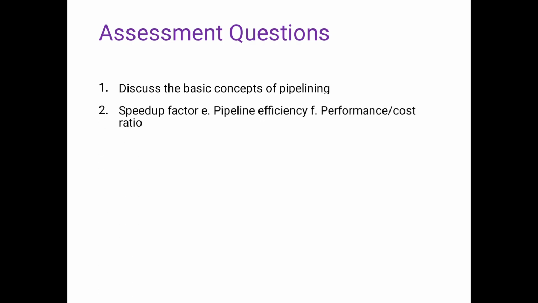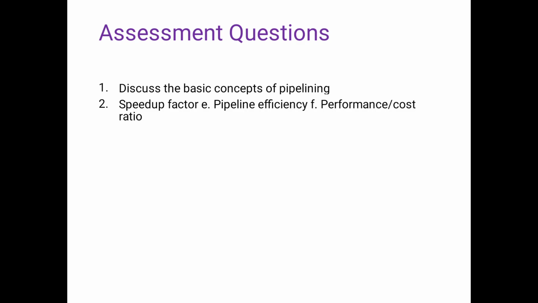Next is speed of pipelining, efficiency, and performance cost ratio. From this topic, students can understand how a pipelined architecture can be used in most applications, and understand the major concepts used in pipelined architecture.